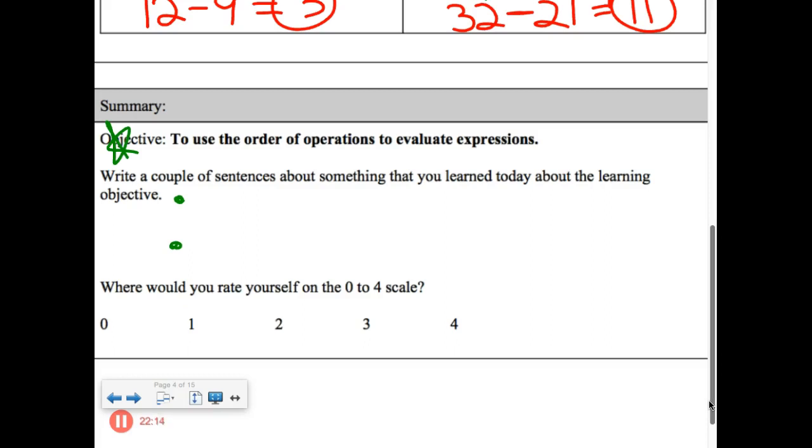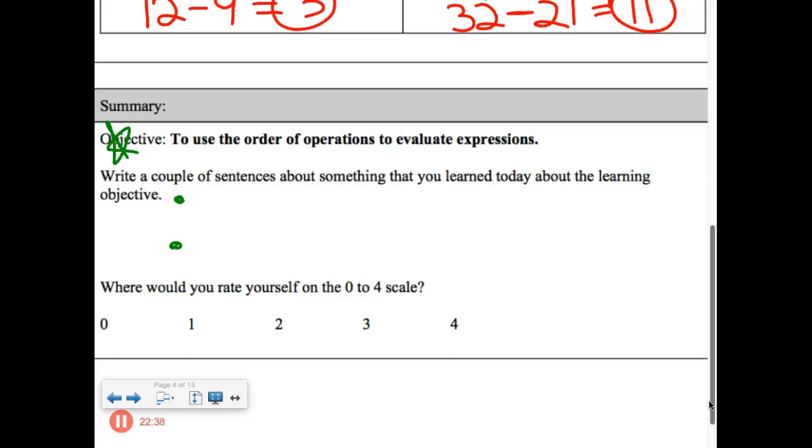You would rate yourself at a 1 if you felt, I can start the problem of this order of operations, but I can't finish them. Maybe you know the first couple steps, but you don't know the last few steps. You'd rate yourself at a 2 if you feel you can complete the problems with maybe a little assistance. Maybe you'd raise your hand and say, Bayles, how do I do this one part here?